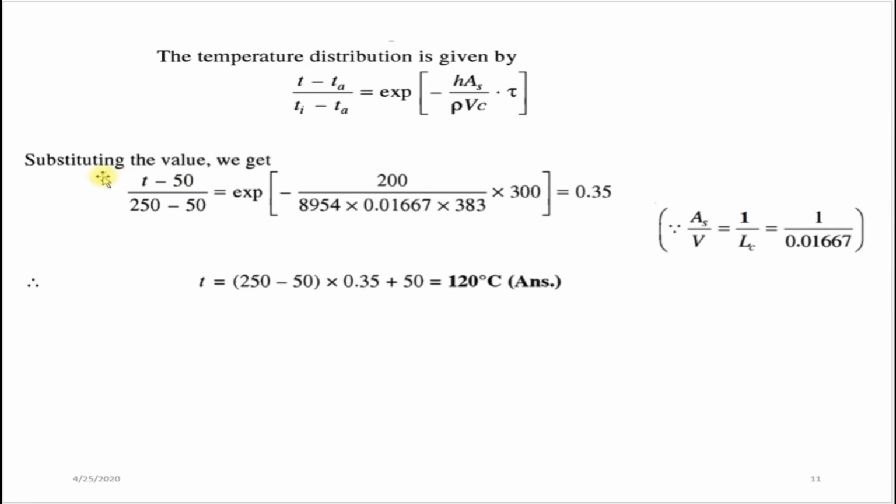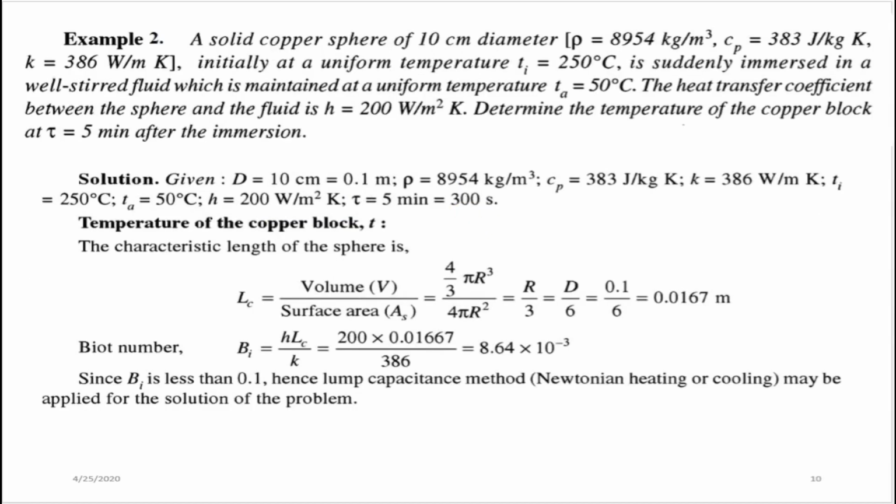T minus 50 divided by 250 minus 50 is equal to e power minus 200 divided by rho, which is 8954. Here they have substituted area by volume as 1 by LC, as 0.01667 into 383 into 300. 383 is the specific heat which is given in the problem, specific heat 383 joule per kg Kelvin.